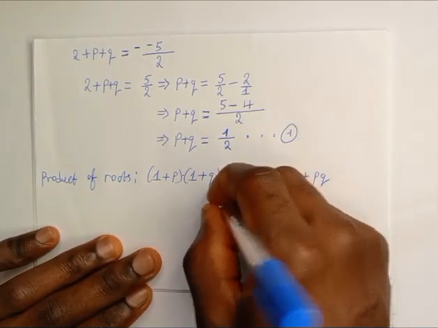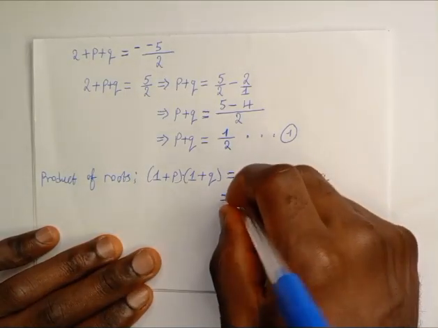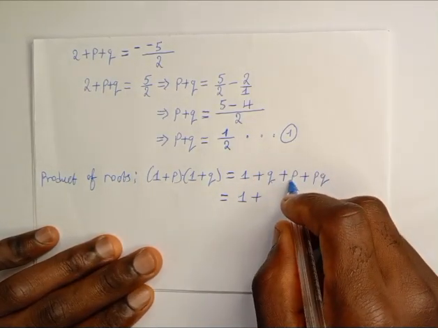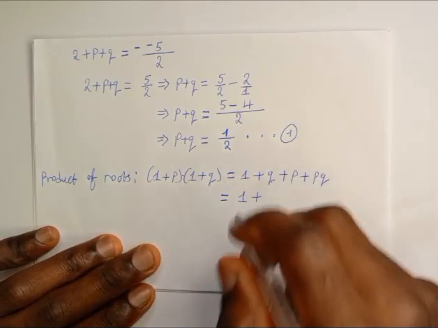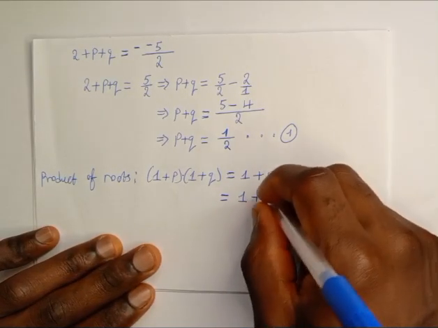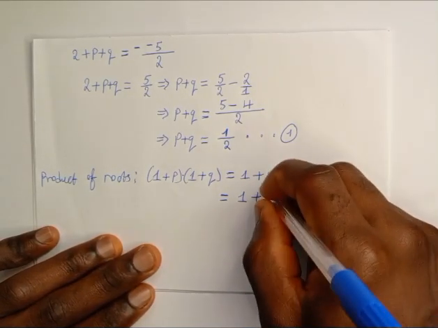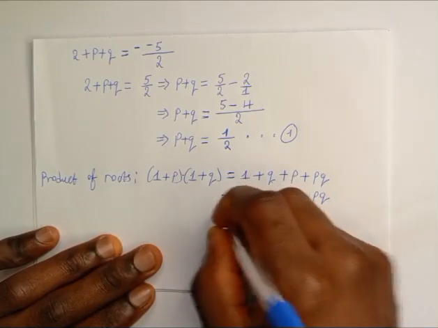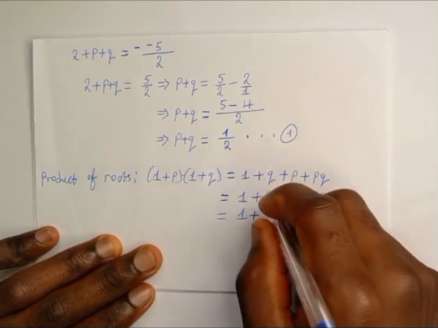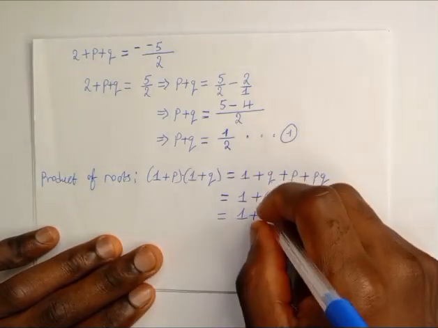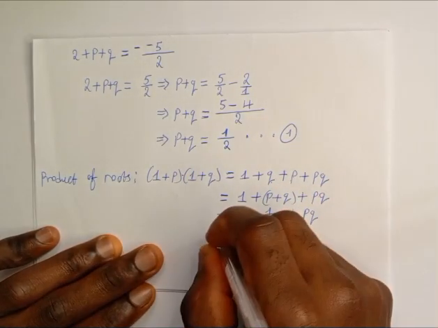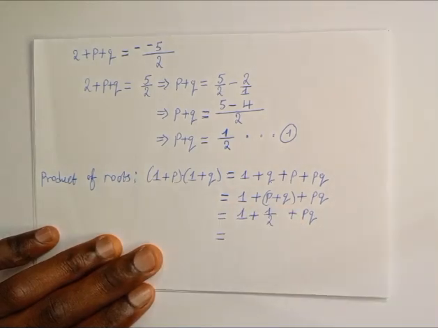This is equal to 1 plus q plus p, which is the same as p plus q, since addition is commutative. Write this as 1 plus p plus q in brackets plus pq. So this will give us 1 plus a half plus pq.